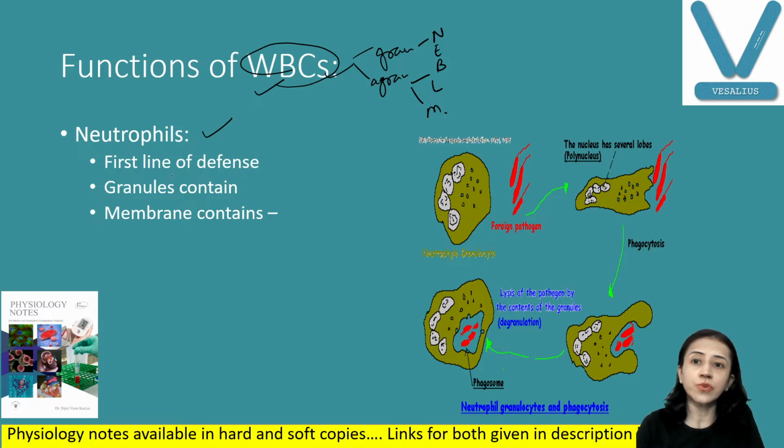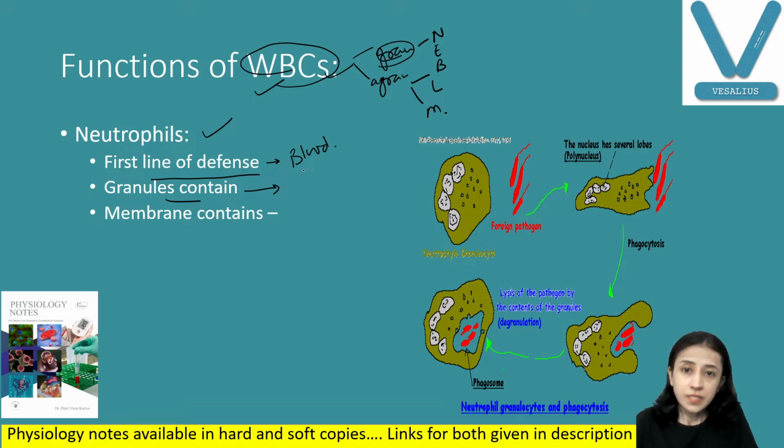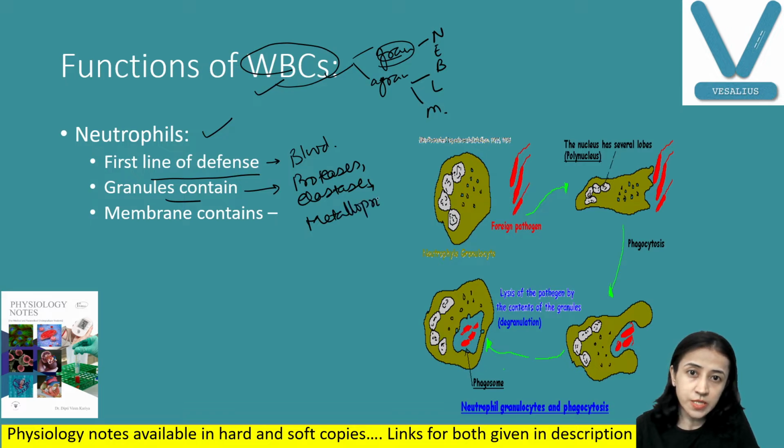Now neutrophils are known as the first line of defense for the organism when it enters our blood. As they are granulocytes, they have granules, and their granules contain certain enzymes like proteases, elastases, metalloproteases, myeloperoxidase, and all these enzymes destroy microorganisms.